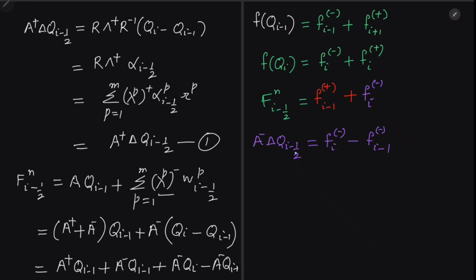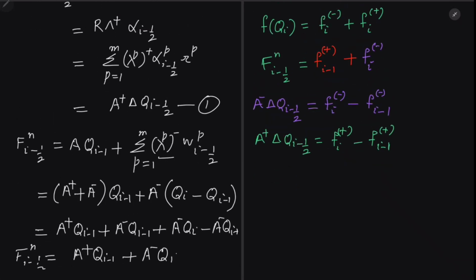Similarly, we have A plus delta Q at i minus 1 half, which is F positive at i minus F positive coming from the cell number i minus 1.